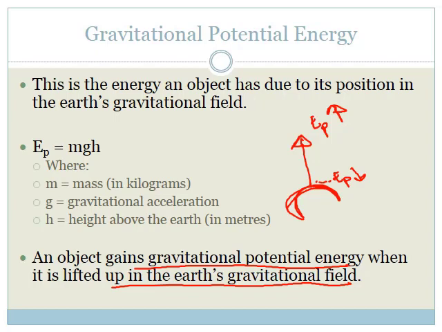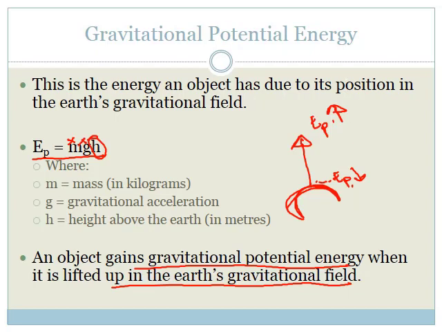Why? Because the mass of the object is not changing as we travel up and down. The acceleration due to gravity basically doesn't change. So therefore, the only thing that's affecting our potential energy is the height, which is either very small or very big. So the higher we go, the more the potential energy.